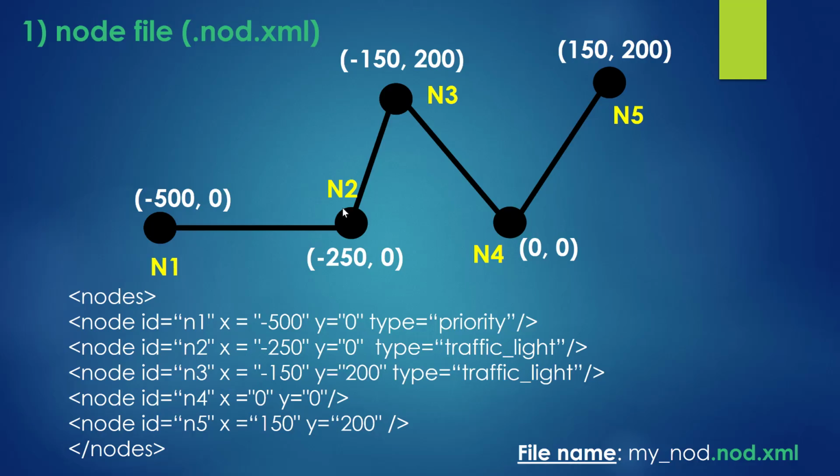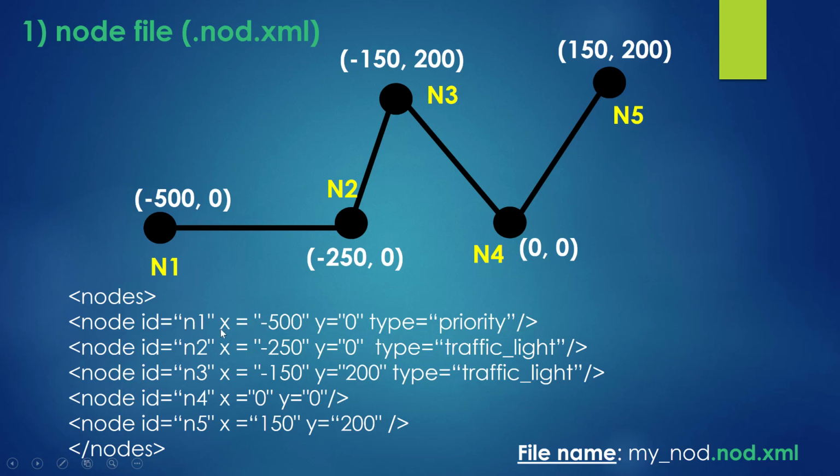To build the node file, we just need this set of commands. As you can see here, we have to assign a node ID. Node ID, you can call that anything you like. I call that N1.